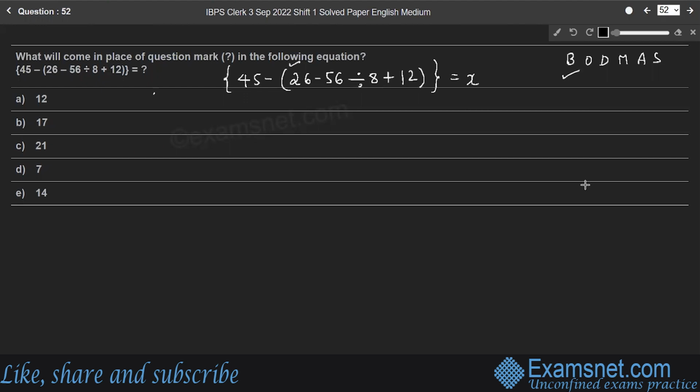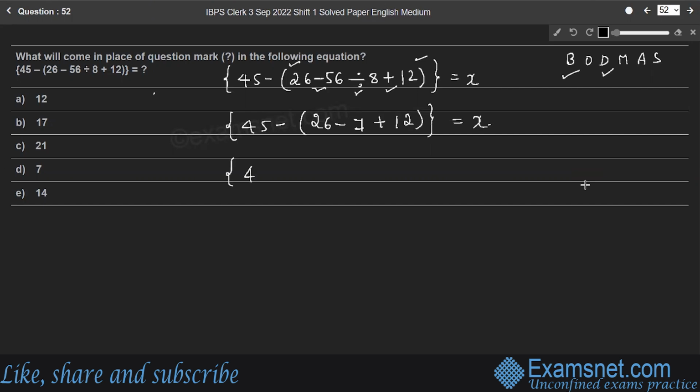So inside bracket. So let us leave the curly bracket as it is. So 45 minus. In order to remove the bracket, we have to solve these operations. So what are the operations? Subtraction, division, and addition. So according to the rule, first part is division, right? So 26 minus 56 by 8 is 7 plus 12 is equal to x.